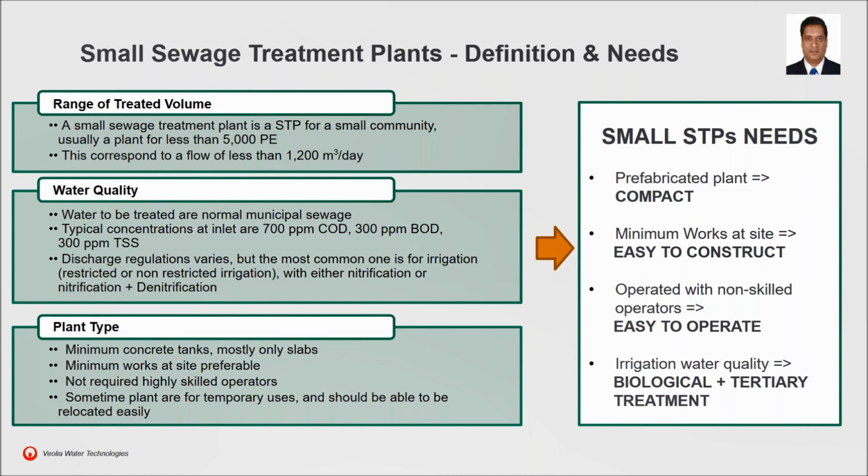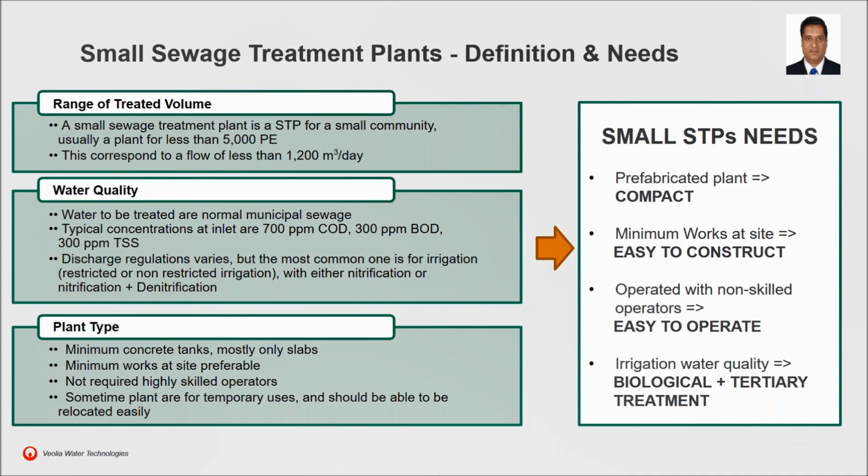The effluent quality matches the discharge regulations observed in the Middle East, which vary from one country to another, but mostly these small STPs can meet the irrigation quality requirement, which requires nitrification or total nitrogen removal.